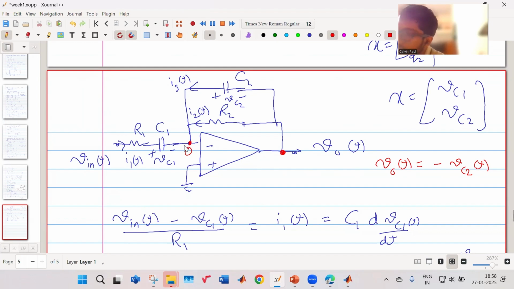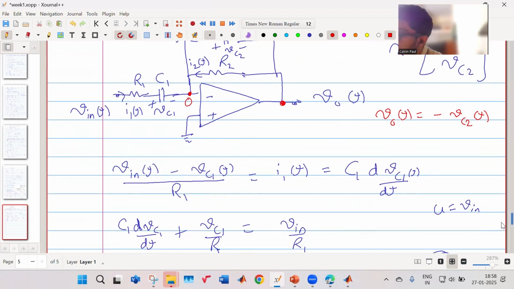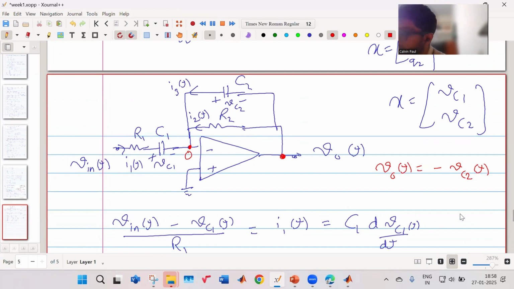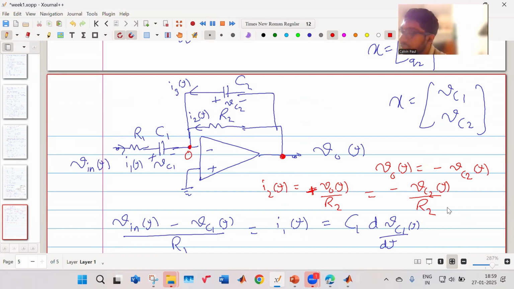First we'll apply KCL over here. When I apply KCL, what I get is I1 of t plus I2 of t plus I3 of t is equal to 0. Now what is I2 of t? I2 of t is basically V output of t by R2, which is equal to minus Vc2 of t upon R2.